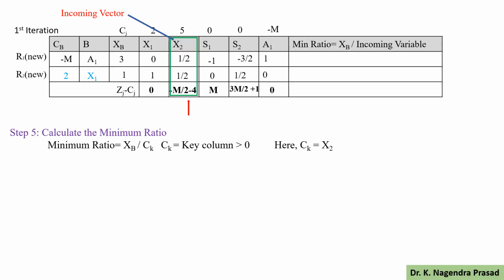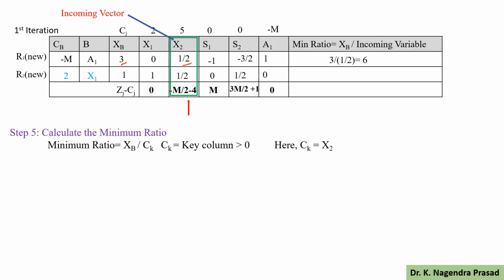Next we have to determine the minimum ratio of xB divided by the incoming variable. First we calculate for the A1 row. For the A1 row, the xB value is 3 and the incoming variable value is 1 by 2. So it is 3 divided by 1 by 2, which is 3 into 2 is 6.